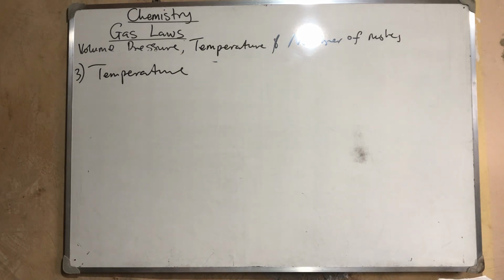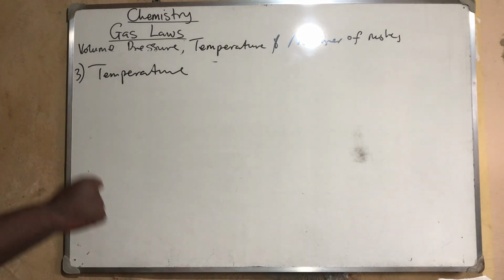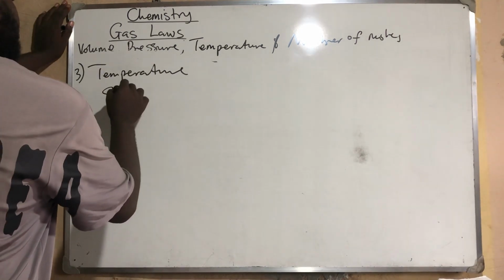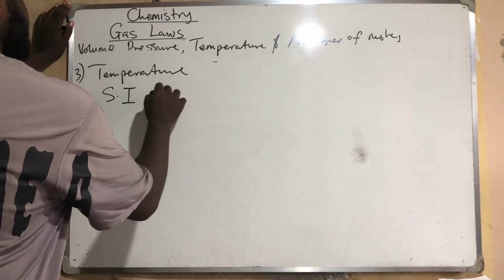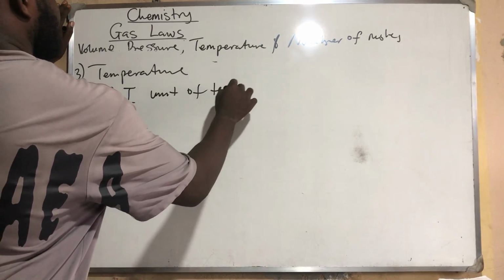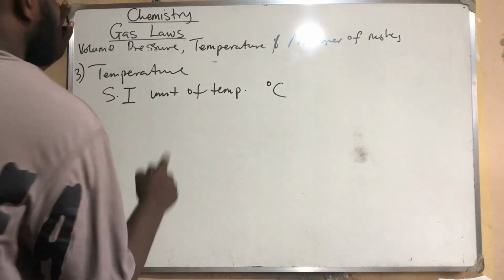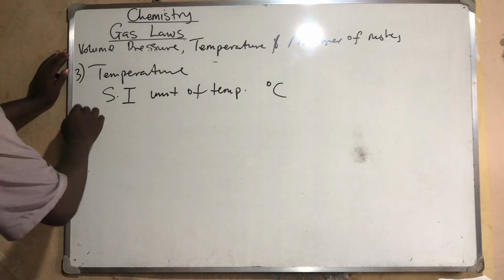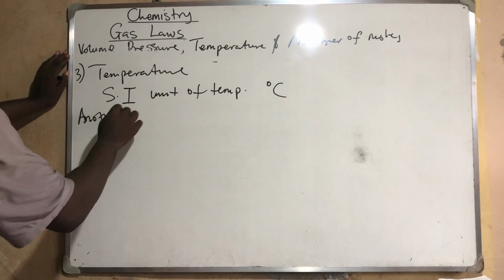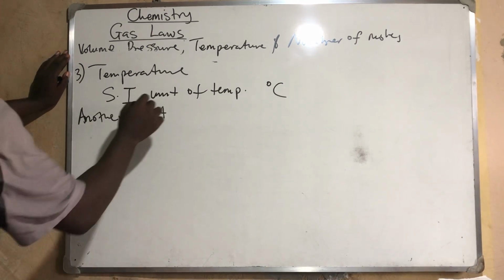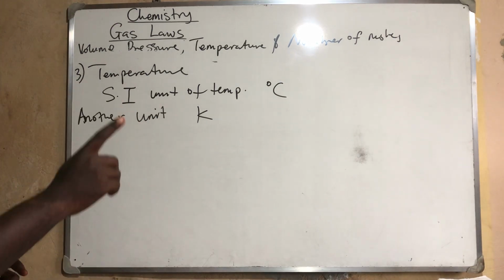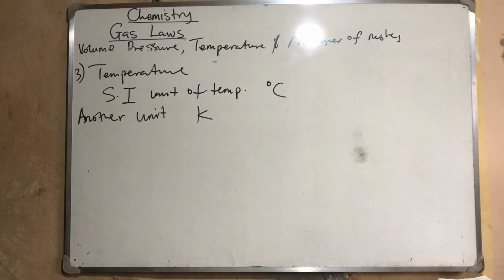Celsius temperature can be converted to Kelvin. You need to know the SI unit of temperature is degree Celsius. But we don't use degree Celsius, please. Always use Kelvin. The most important unit is the Kelvin. So anytime you are doing calculation involving temperature in ideal gas, we use Kelvin.